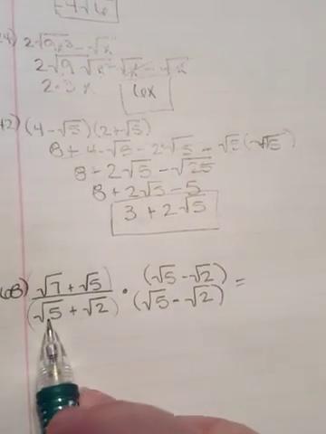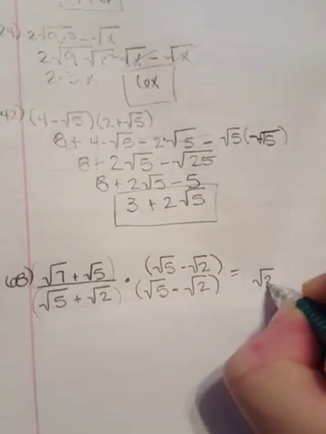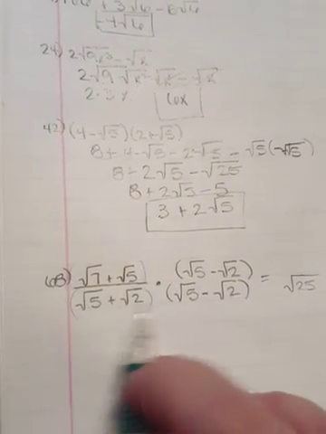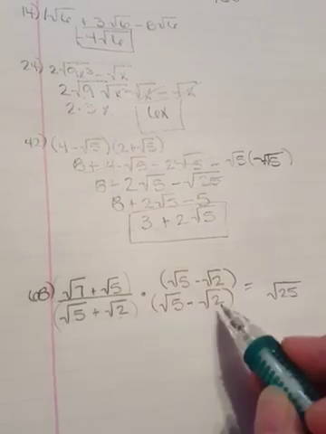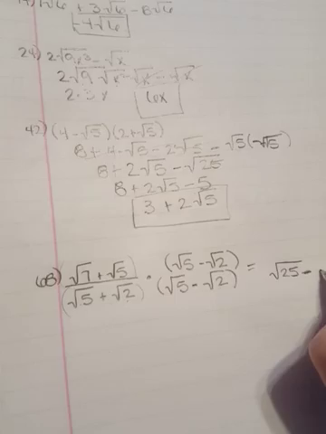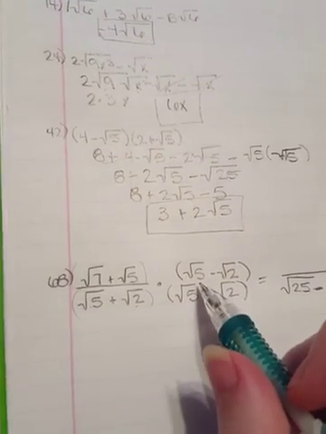And we're going to say square root of 5 times the square root of 5 is the square root of 25. We know if we FOIL this, the middle's going to cancel itself out. So then we have minus the square root of 2 times the square root of 2 is the square root of 4.